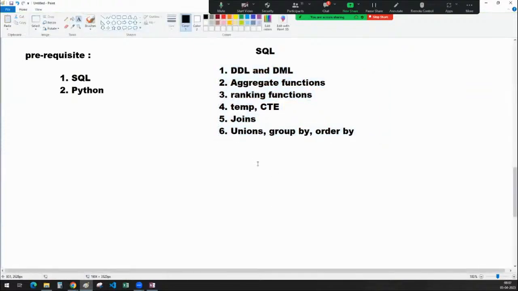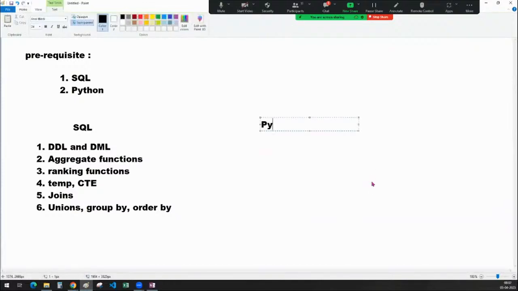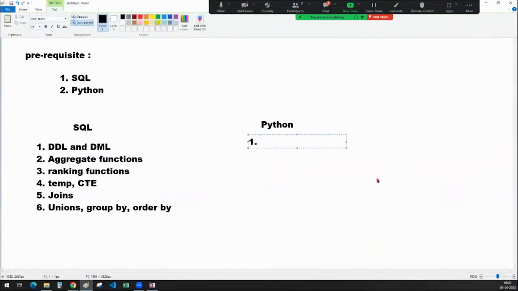For Python, I would expect you to have, first, data types, guys. All the data types and their differences. It is a very important thing and actually takes a lot of time to understand.